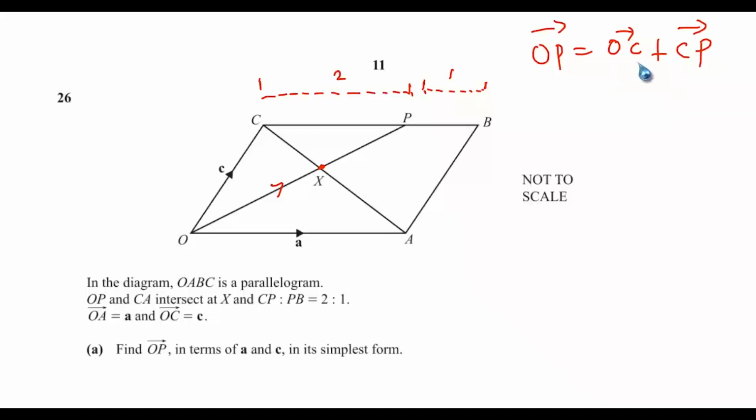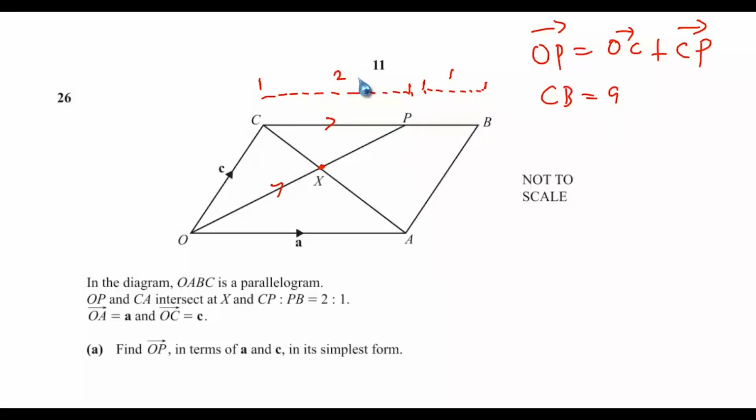So we know OC to be C, but we are yet to get vector CP. So we need to get that. So we know that OA is equals to A. So automatically CB will be equals to A as well, because opposite sides are equal. So this will be A. Then we need to get CP.